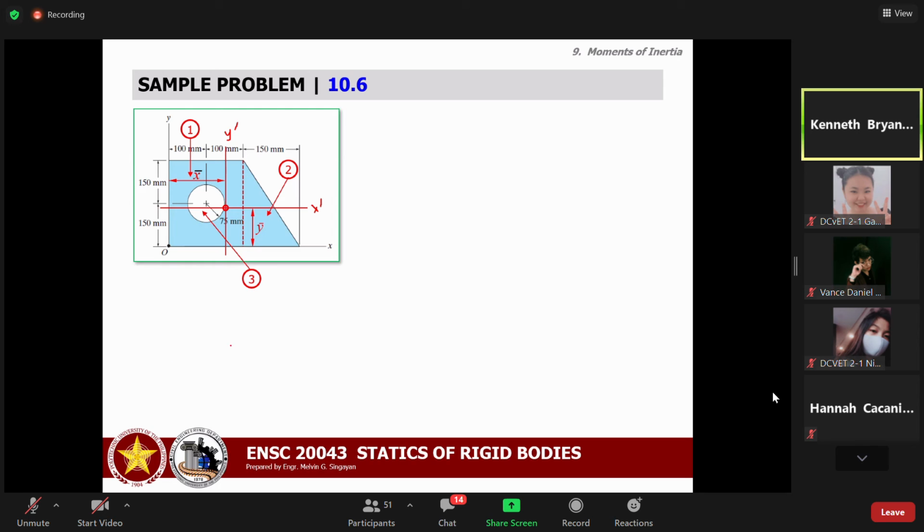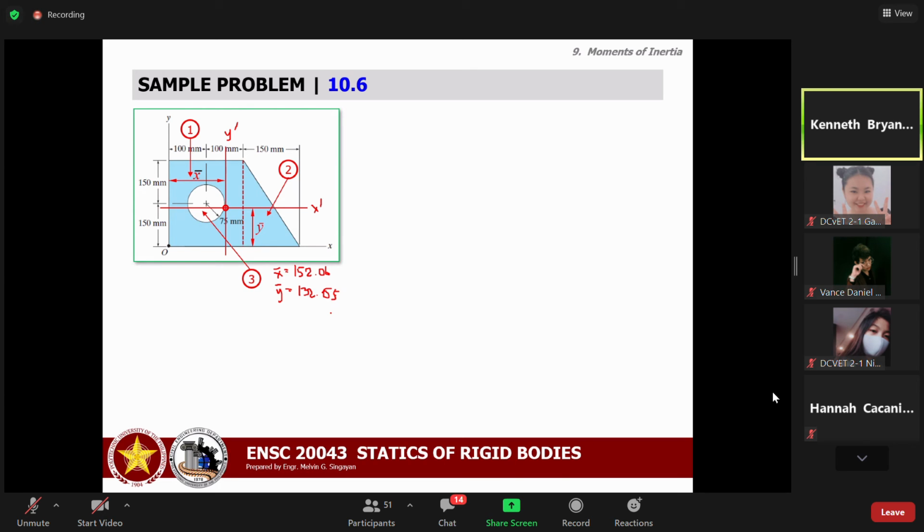And the value of bar x, di ko nalagay dito. So, bar x is equal to 152.6. Okay? While bar y, okay, is equal to 132.65. Okay? Yan. Bar x and bar y. Okay? So, yan yung location ng centroid.